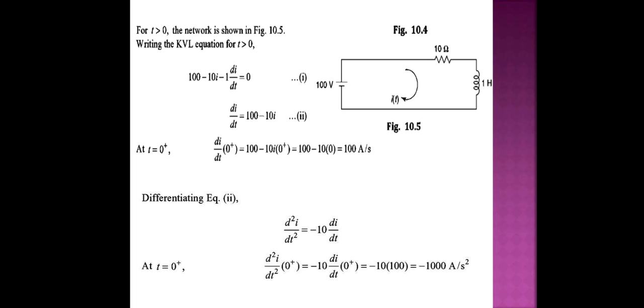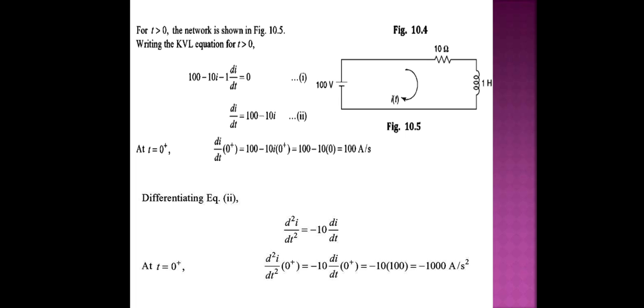The current I of t passes through the 10 ohm resistor and the 1 henry inductor. Applying Kirchhoff's voltage law, the algebraic sum of the voltage drops across each element equals the applied voltage, or the algebraic sum of the voltages around the closed circuit is 0.